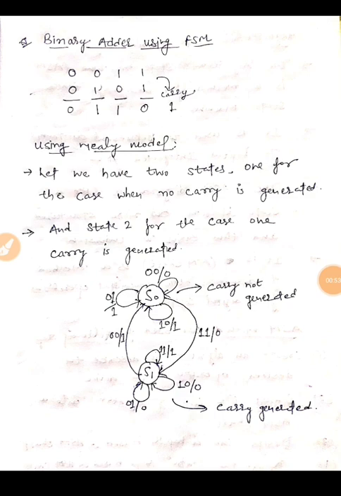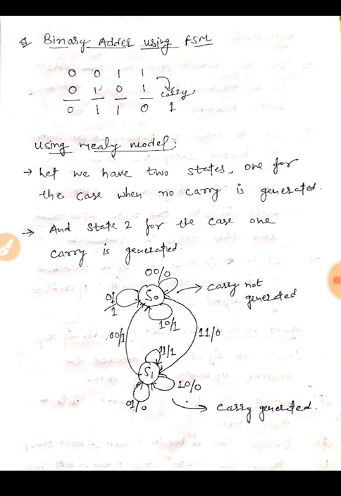So here let's start with the binary adder. We have already seen the FSMs, finite state machines, in the last lecture, where we saw the Mealy model and the Moore model of finite state machines, and we have implemented a logic circuit using flip-flop of a sequence detector using Mealy model.